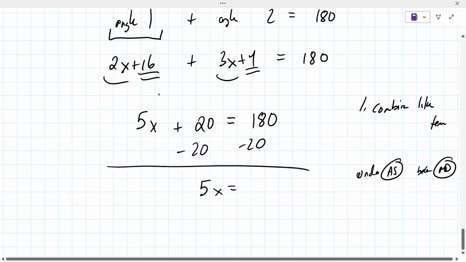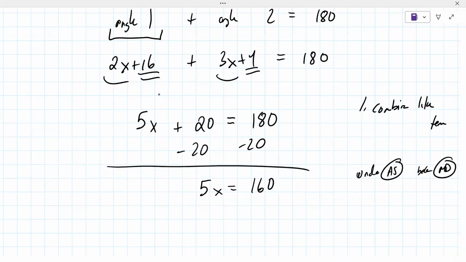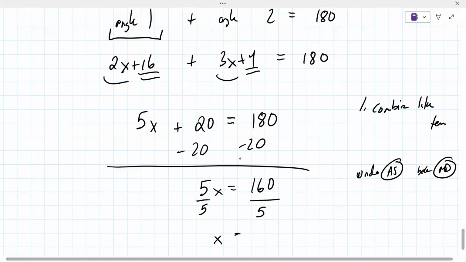Yeah. 5x equals 160. What do you do to solve for x? Then you divide by 5. Okay, go ahead and do that for me. What do you come up with? 32, so x equals 32.